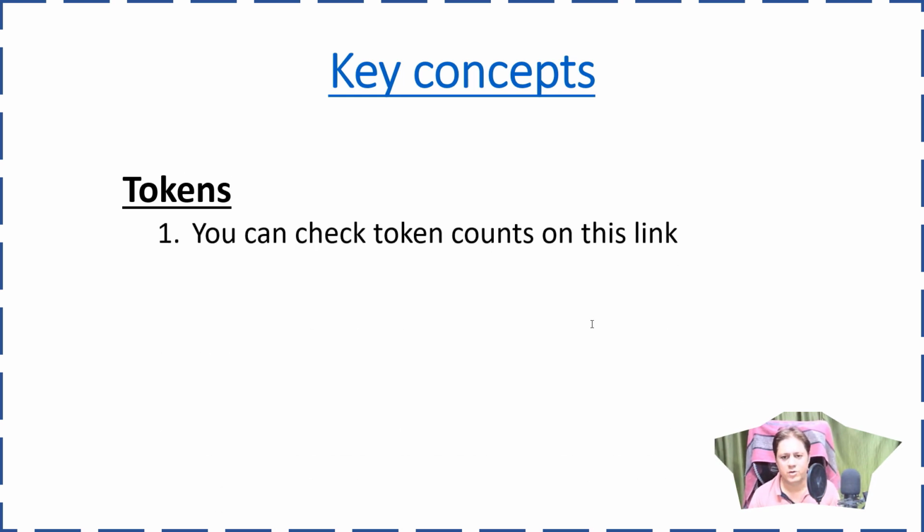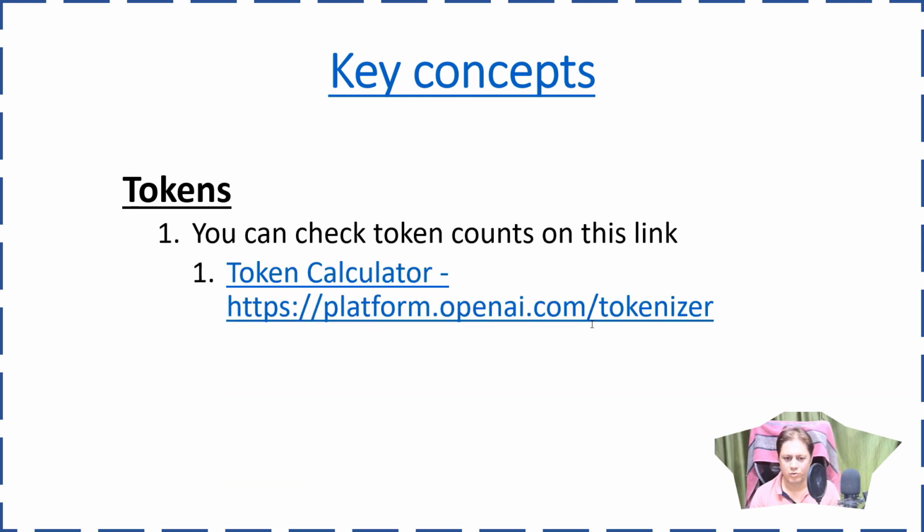You can check token counts on this link. I have already shown you in the last video, but this is the link which you can open and check yourself. The consideration is that this is an approximation. This is not a real value, but you can consider it near about truth. One token is near about 4 characters.